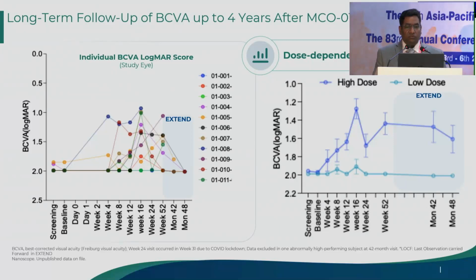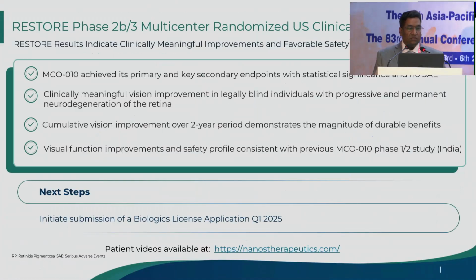The long-term follow-up at 4 years also showed dose-dependent improvement in the high dose group, which was still persistent after 4 years of follow-up. Based on this initial study, they conducted a multicentric trial in the USA at 6 centers, which showed that MCO achieved primary and secondary key endpoints with statistical significance and no side effects.